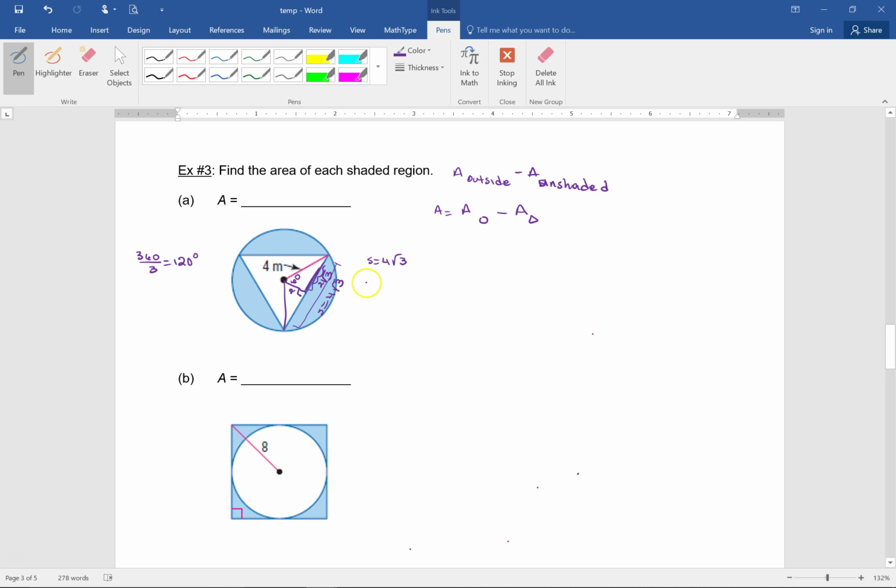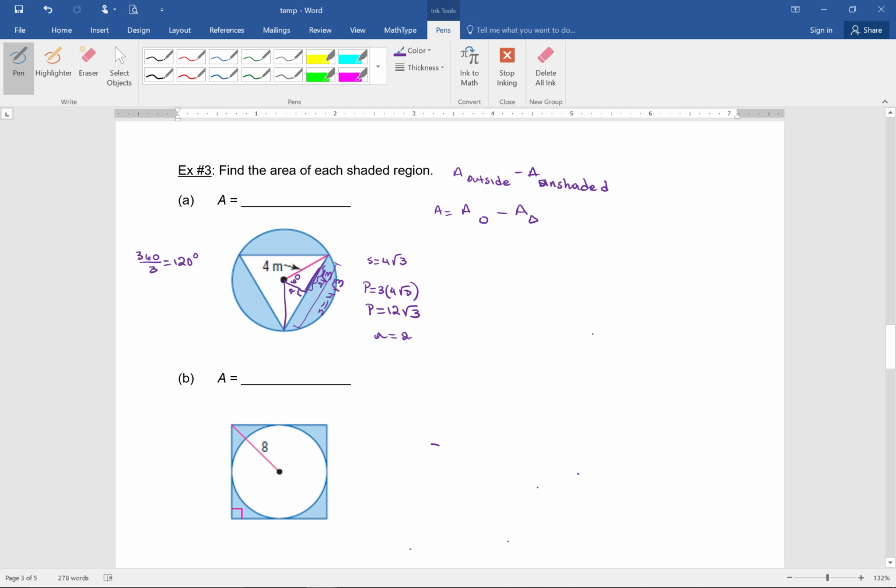If the side is 4 root 3, then the perimeter is 3 times 4 root 3, which is 12 root 3. And we had said that the apothem was 2.